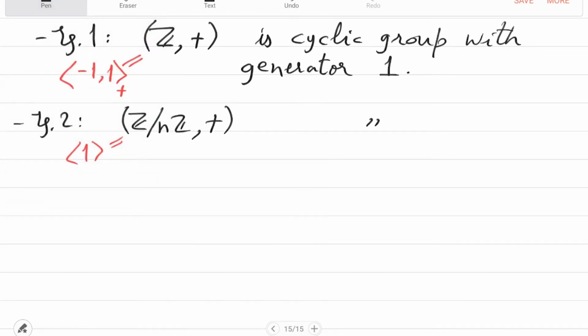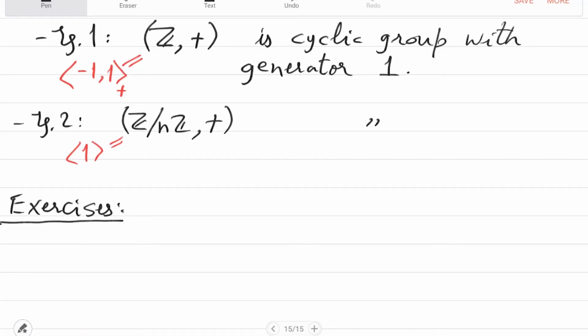Okay, so simple exercises. What can you say about a cyclic group that is infinite? Can you classify an infinite cyclic group? Exactly.